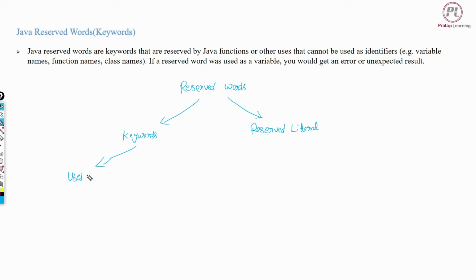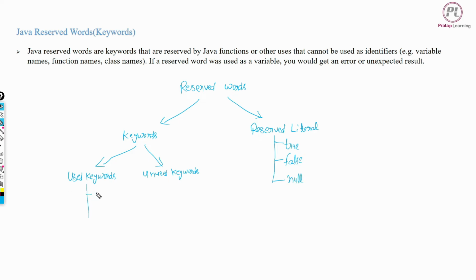Then keywords are further divided into two sections. The first one is used keywords and the second one is unused keywords. Then we can see there are three reserved literals: true, false, null.